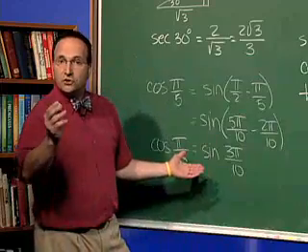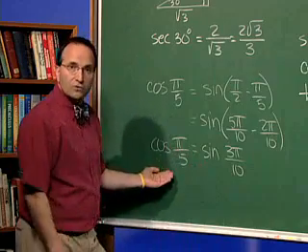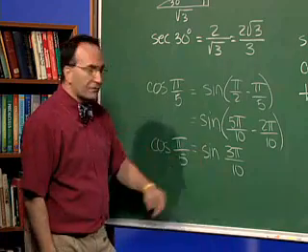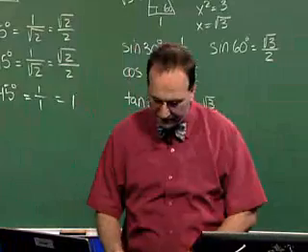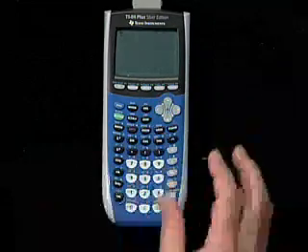Well, let's use the calculator just to check that, in fact, the cosine of pi over 5 equals the sine of 3 pi over 10. So on the calculator, let me clear that out. Let's first find the cosine of pi over 5.